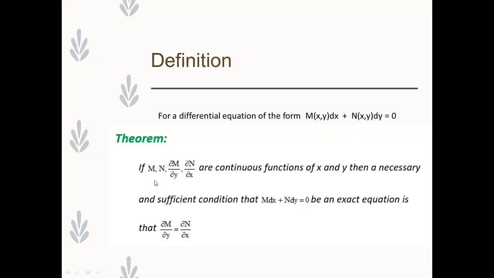So if for M and N, the partial derivative of M with respect to y and the partial derivative of N with respect to x are continuous functions of x and y, then a necessary and sufficient condition that M dx plus N dy is equal to 0 tells you that your differential equation is exact.